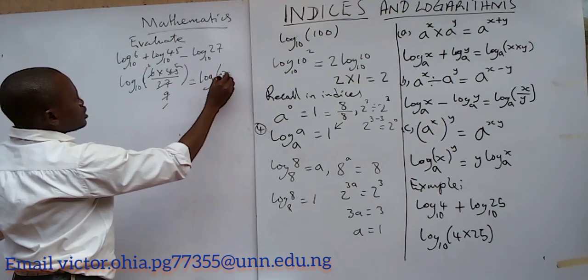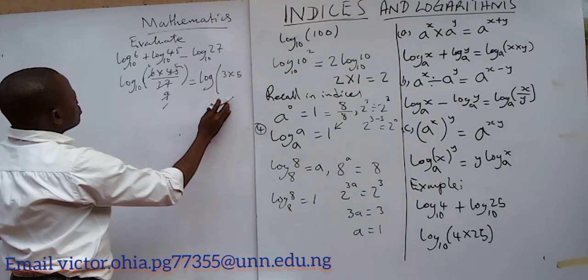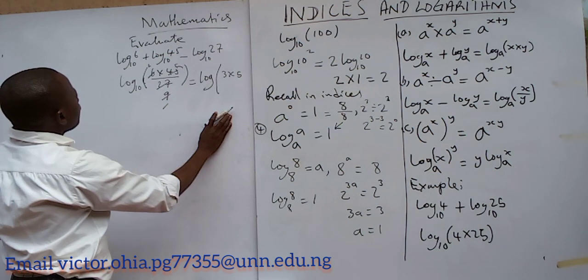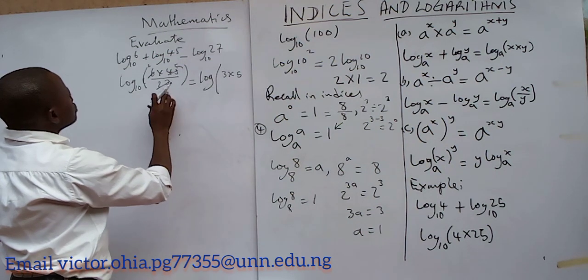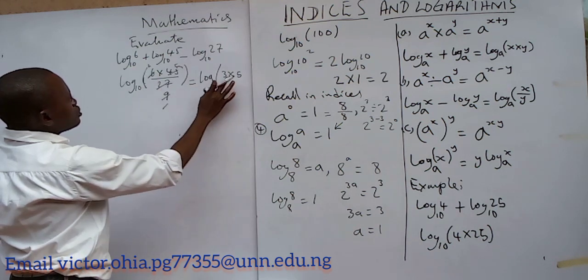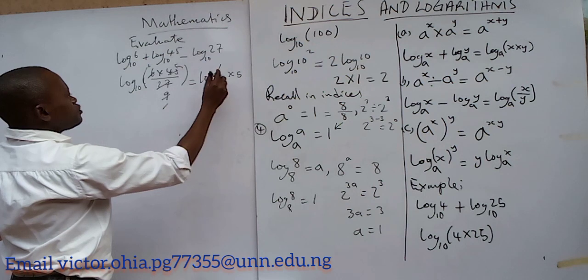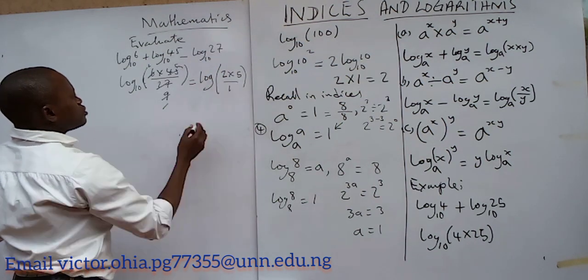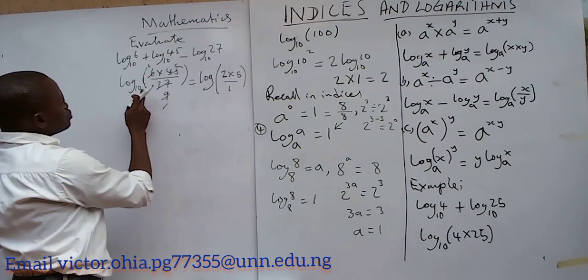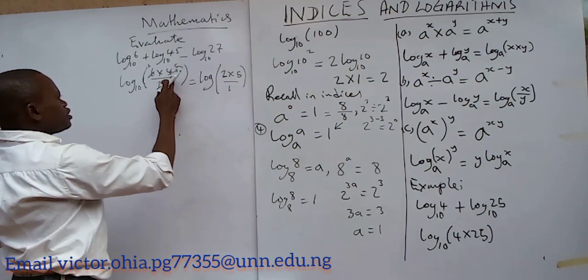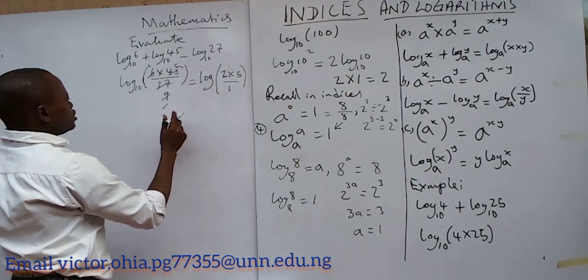So I have 2 times 5, not 3 times 5, over 1. Sorry for that. Because 3 cancels 6 and gives us 2, 3 cancels 27 and gives us 9, and 9 cancels 45 and gives us 5. We have 2 times 5, and then over 1.